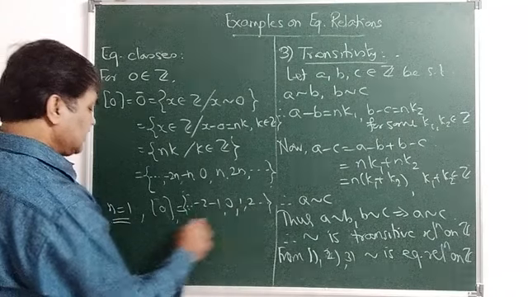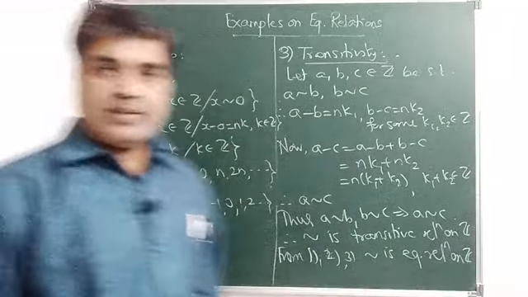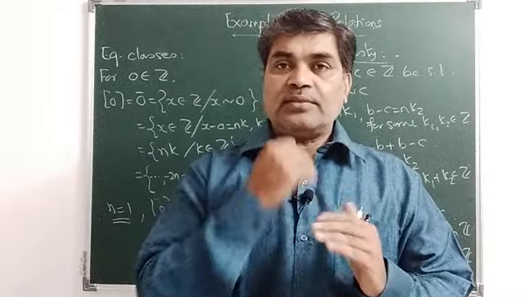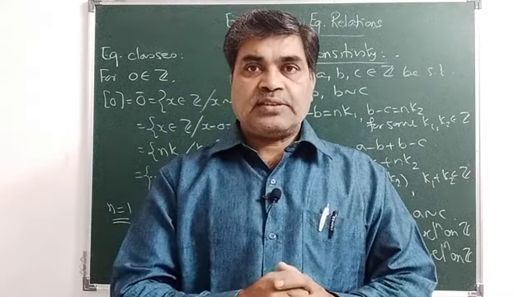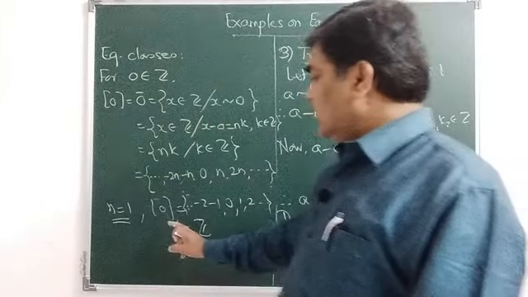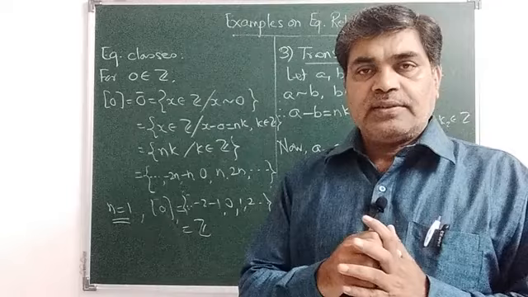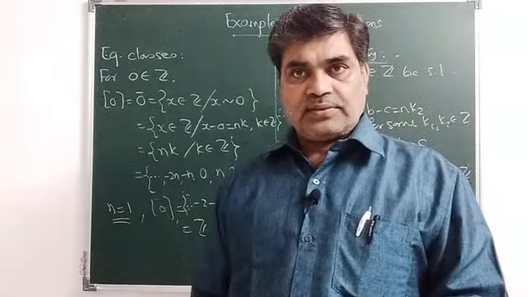This is precisely the set Z. And we know that every equivalence relation partitions the given set into equivalence classes. As a single equivalence class covers the whole set Z, there is only one equivalence class.